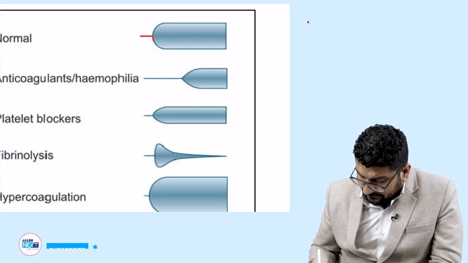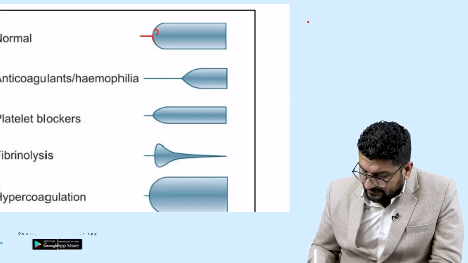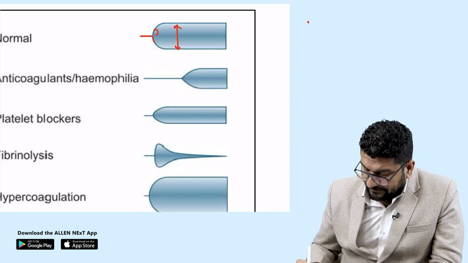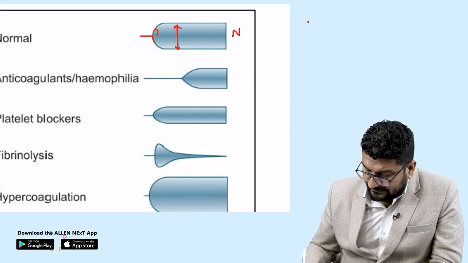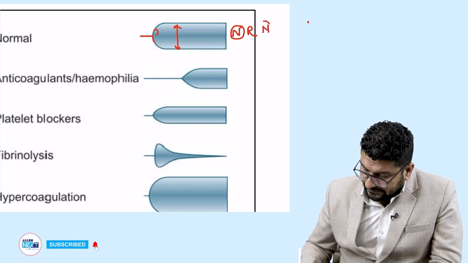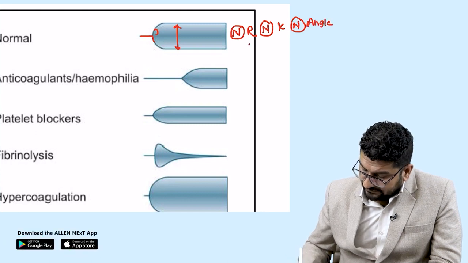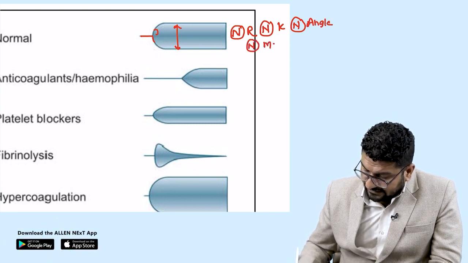Then you can see an angle, this angle is called alpha angle. और ये क्या हो गया, MA, maximal amplitude. So यहाँ पर सब कुछ normal है. You can see normal R, normal K, normal angle, and normal maximal amplitude.